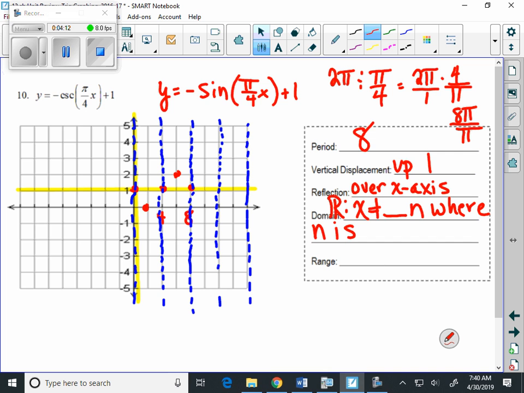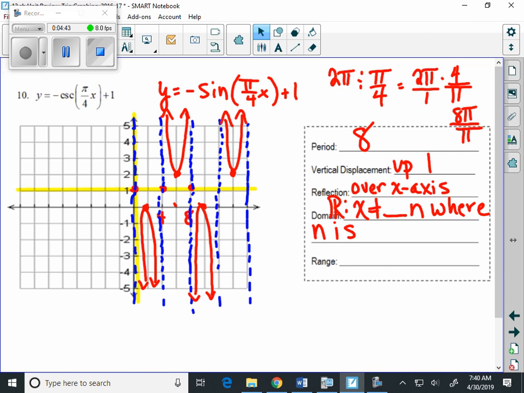The first point here is underneath the yellow line, so we're going to draw it going downward. Our second red point is above it, so we're going to draw it above, and then we can simply copy our pattern. Oh, not there, here. And then we're going to go here. And we could keep drawing, but there's definitely 2 periods, and you can keep drawing again with respect to the pattern.